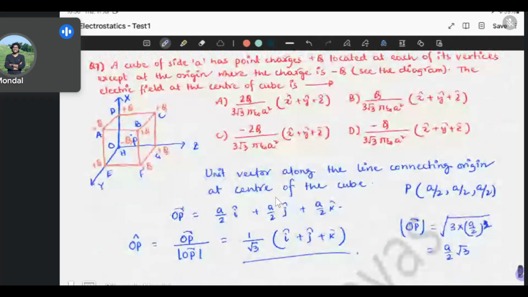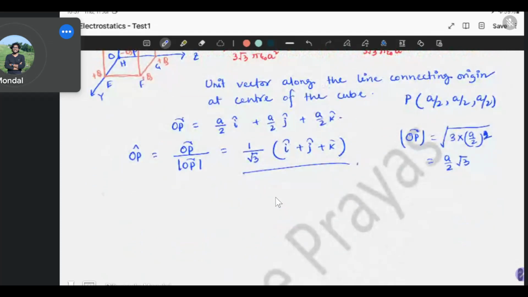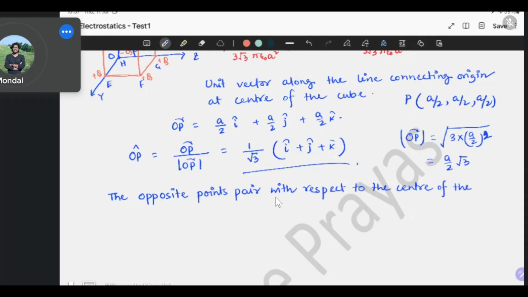Now please see the opposite points D and F. D and F are opposite points with respect to the midpoint of this cube. So the opposite pairs with respect to the center of the cube: which are those?